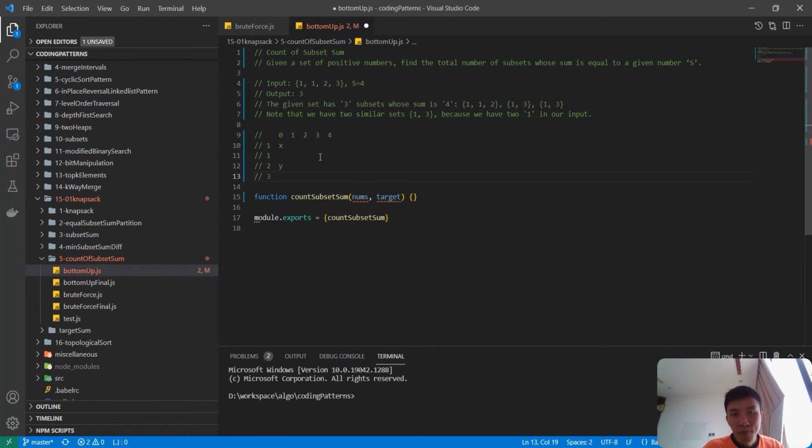That is basically how it works. So let's start filling up the table.